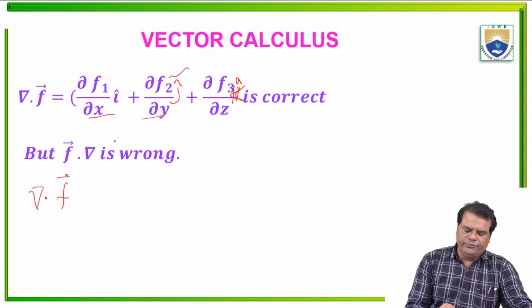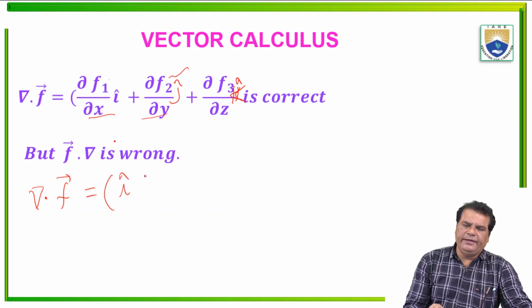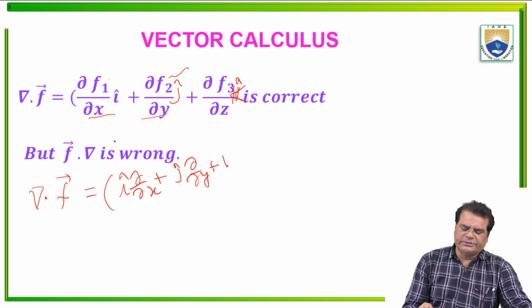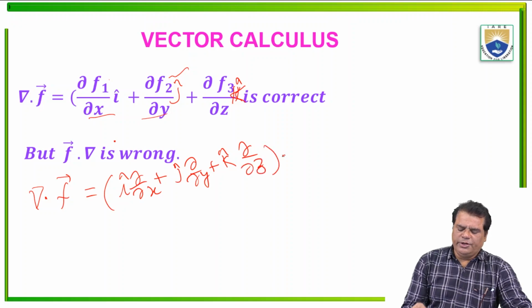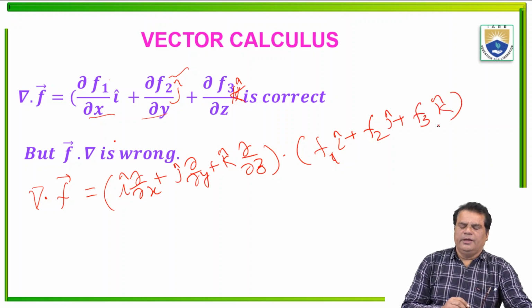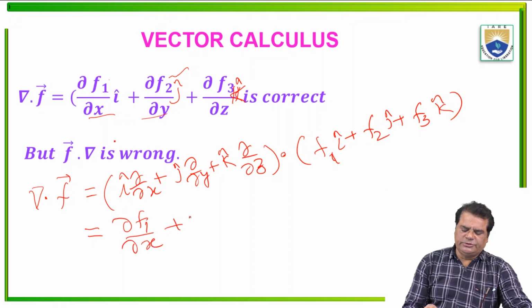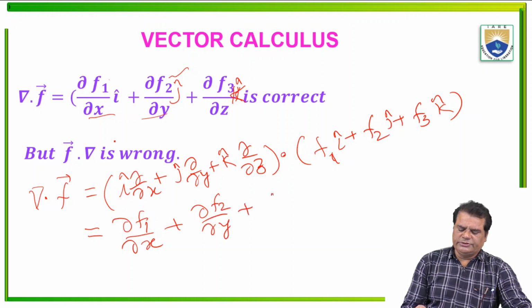So del dot f equals the value of del, which is i dou over dou x plus j dou over dou y plus k dou over dou z, dotted with f, where f is f1 i plus f2 j plus f3 k. Taking the dot product, the result equals dou f1 over dou x plus dou f2 over dou y plus dou f3 over dou z.